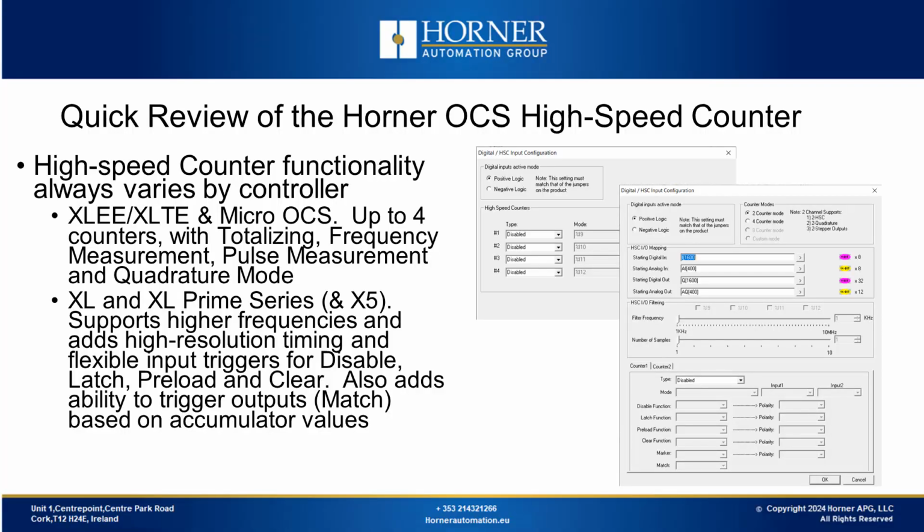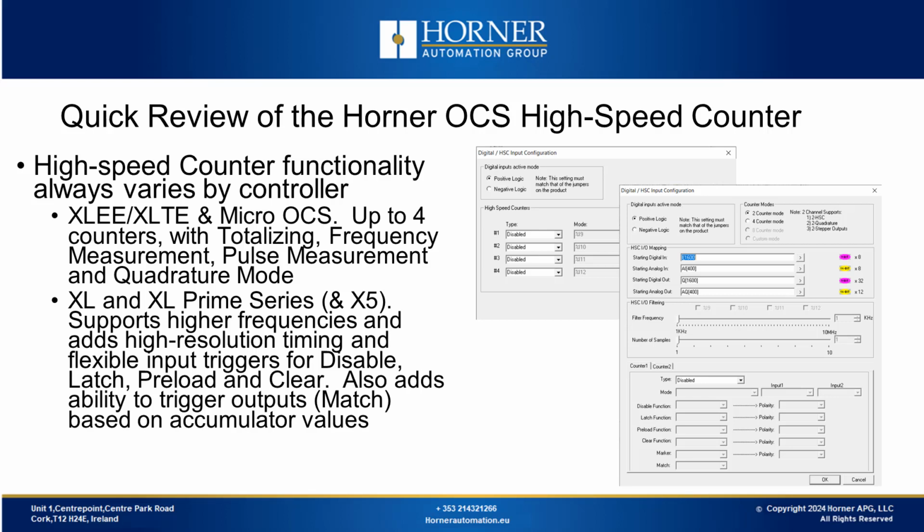Let's do a quick review of the high-speed counter functionalities of different OCS product lines. The XLE, XLT, and Micro OCS series have up to 4 high-speed counters available, including totalizing, frequency measurement, pulse measurement, and quadrature modes.